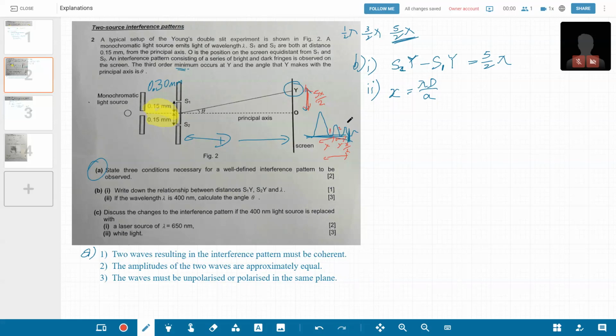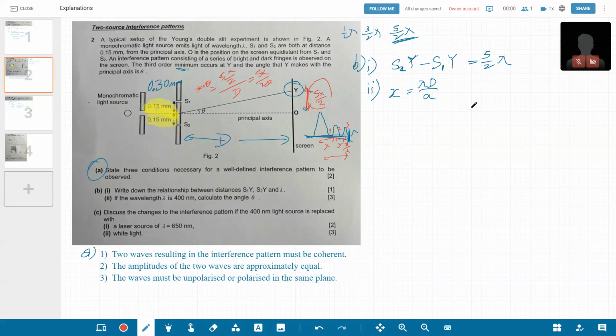This is the first, the second, the third. So we need to find this divided by this, or 5x over 2 divided by d. Then we set this to tangent theta. So that is the objective: 5x over 2d.